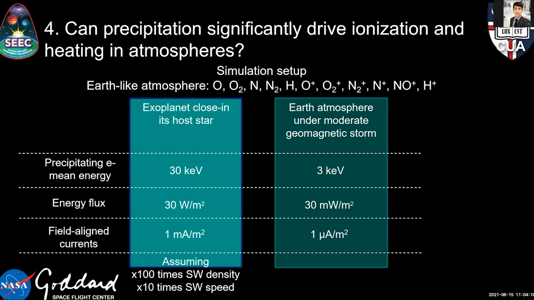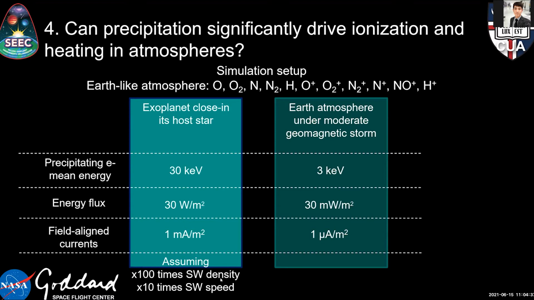For example, the precipitating mean energy is 30 keV, and the energy flux is 30 watts per square meter. The field-aligned current is 1 milliampere per square meter, which is about 1,000 times that of Earth.